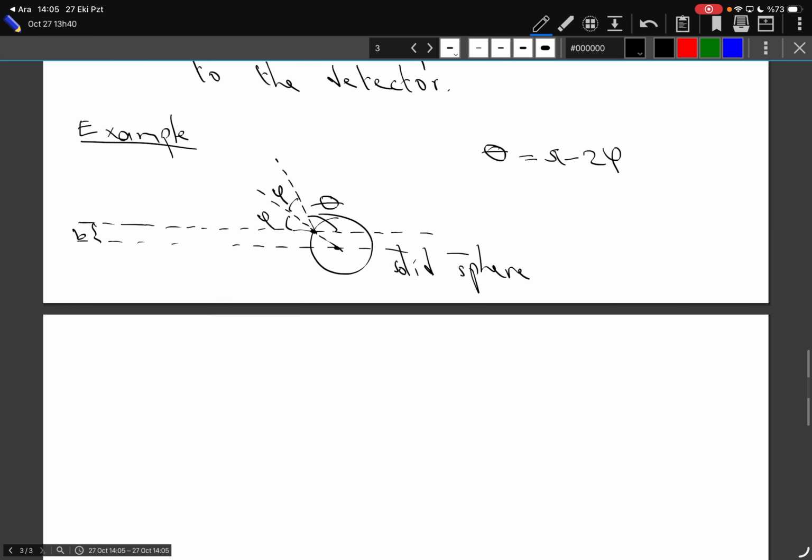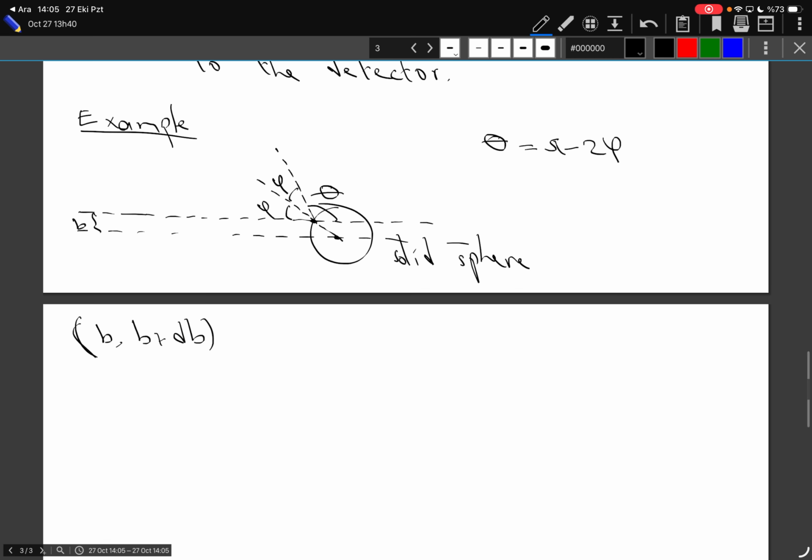So if my impact parameter is between B and B plus dB, then the scattering direction will be between theta and theta plus d theta. Now I have to find some kind of relation between those two. Let's see.